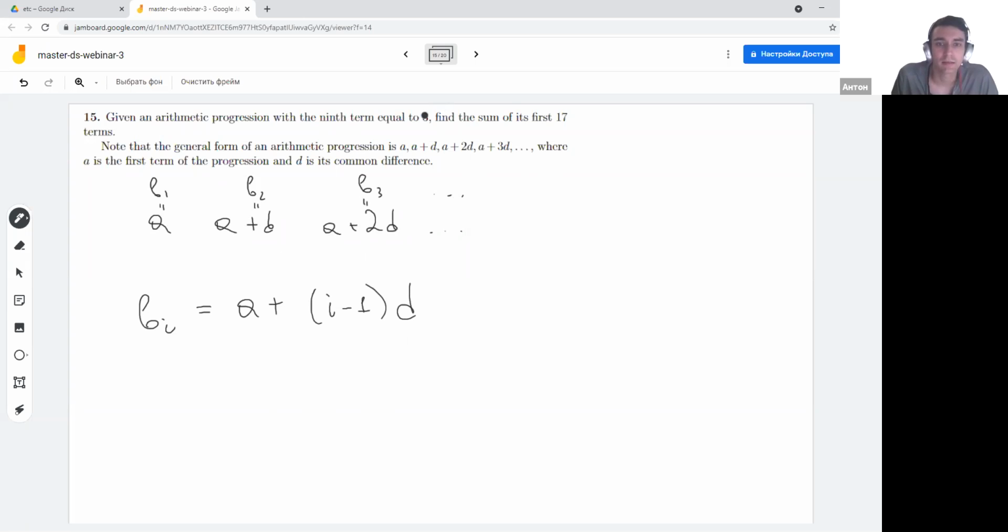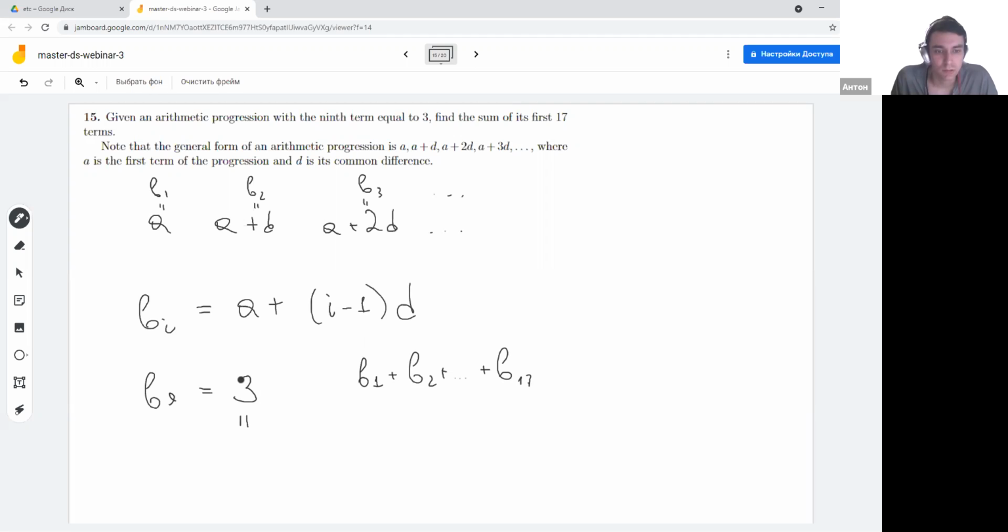We are given that the 9th term, b9, is 3, and we are asked to find the sum of the first 17 terms. So we are asked to find b1 plus b2 plus and so on up to b17.